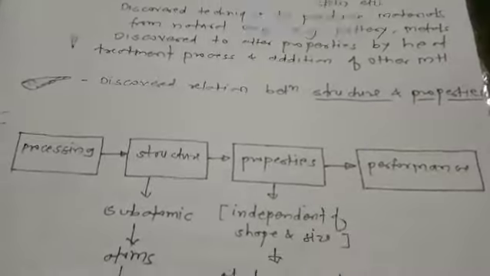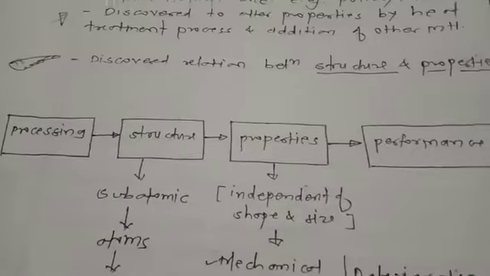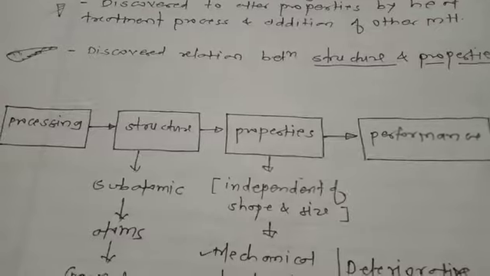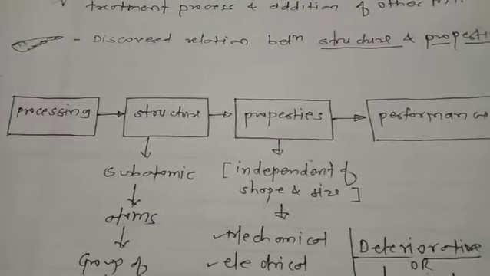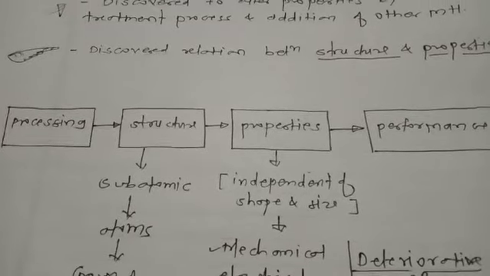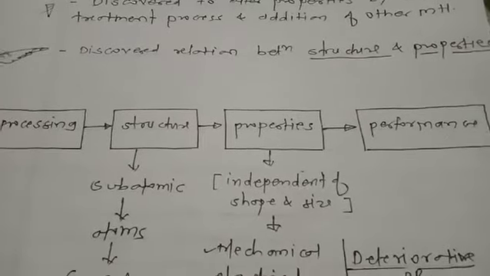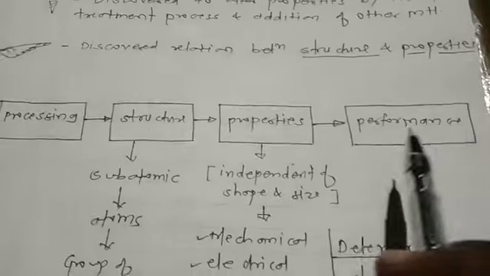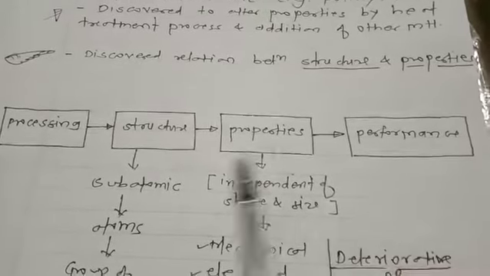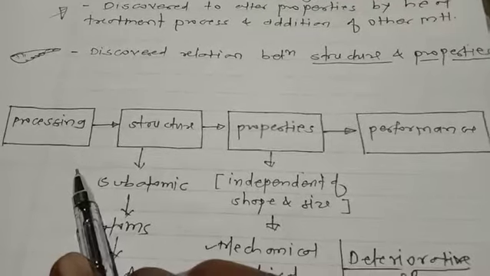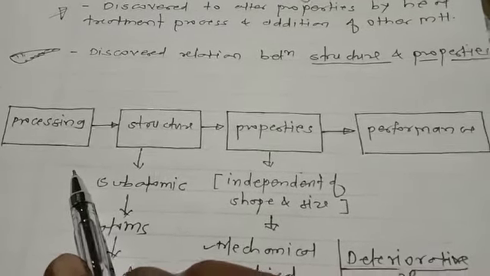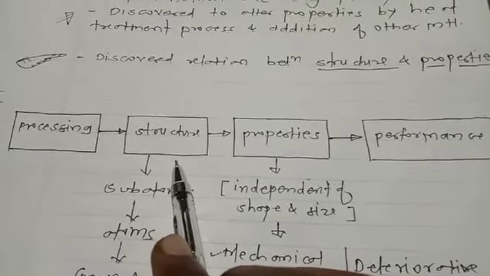Then you have to remember this basic block diagram. In the block diagram, the first element is processing, the second leads to structure, the third leads to properties, and the last leads to performance, right? If you process the material properly, you will get the proper structure, right?